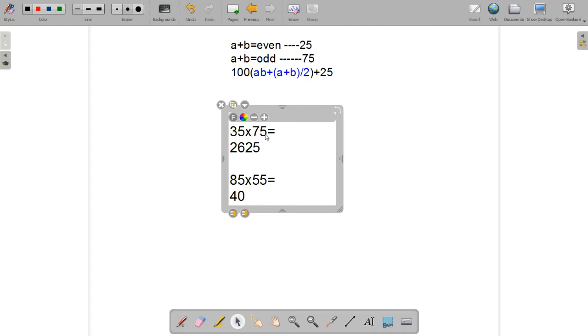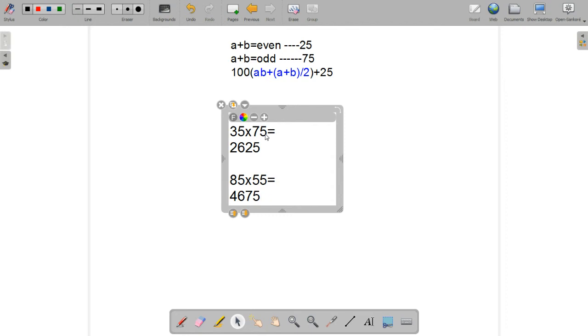Well, that's 13 divided by 2, 6.5. Ignore the 0.5. You get 46. Now remember, that 0.5 is going to come back to haunt you. Because remember, 8 plus 5 is 13, which is an odd number. So that 0.5 makes a 25 into a 75. And there's your answer.